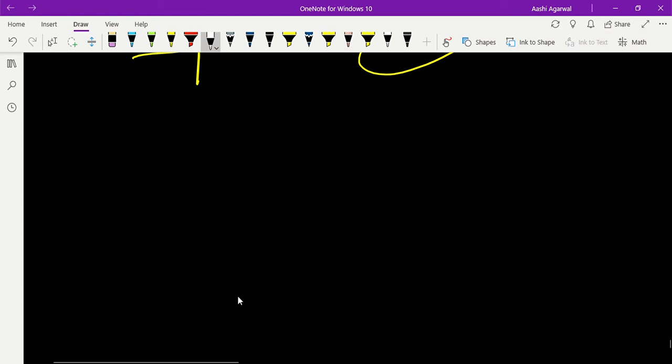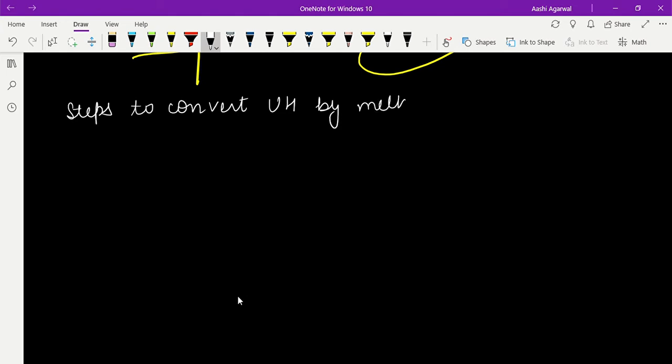So the first step is, steps to convert unit hydrographs by the method of superposition.